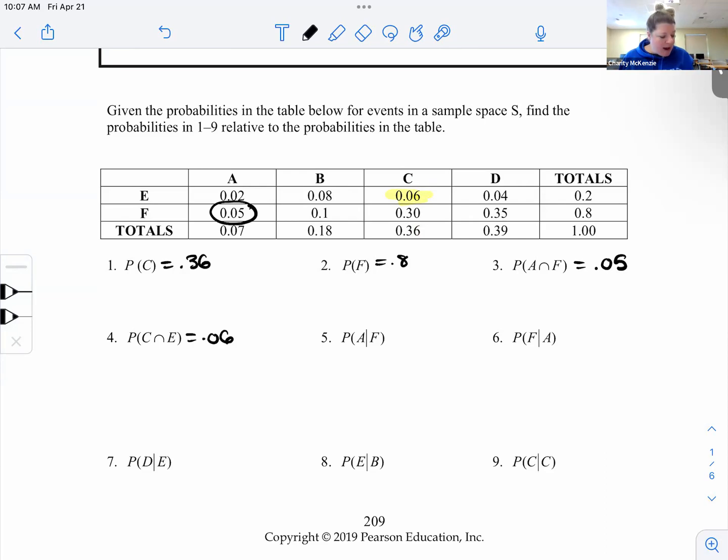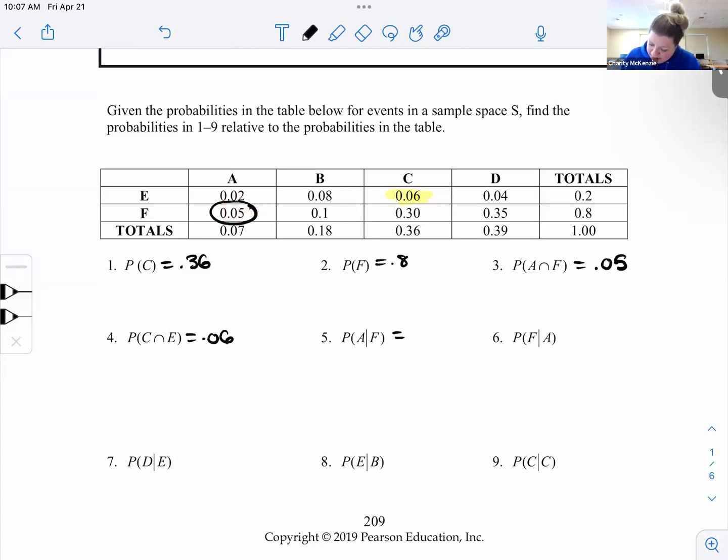Okay, so now we have our first one for 5, that is A given F. What's the probability of A given F? That's how we're going to say that. So where do A and F intersect? A and F intersect here.